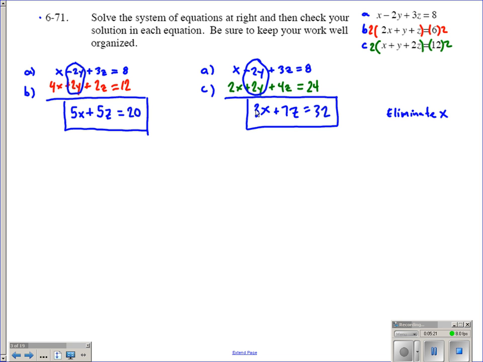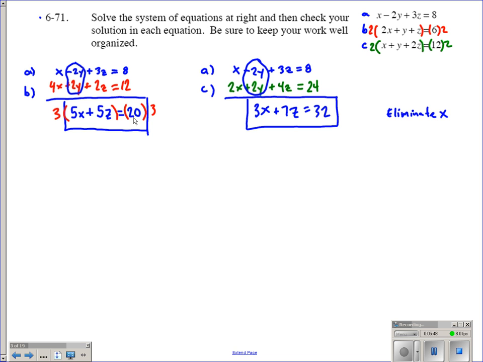In order to do that, I have a 3x and I have a 5x. Remember, I need to think of a value that both 3x and 5x go into, and that would be 15x. If I want to turn this into a 15x, I'm going to have to multiply this entire equation on both sides by 3.